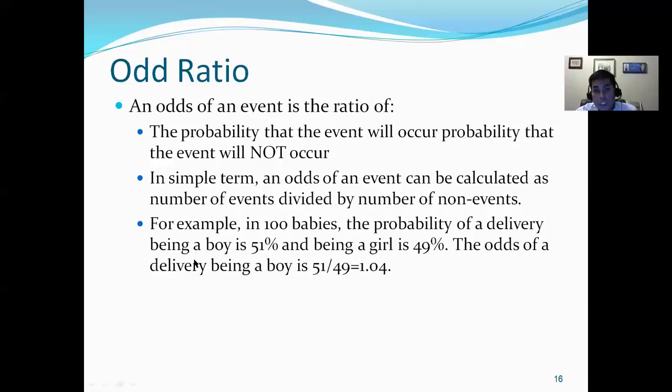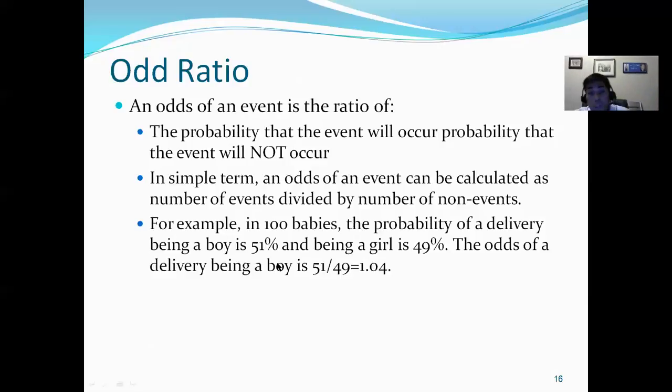In simple terms, this can be calculated by basically looking at the number of events divided by the number of the non-events. For example, in 100 babies, the probability of a delivery being a boy is 51% and being a girl is 49. So you have the number of events divided by the number of non-events.